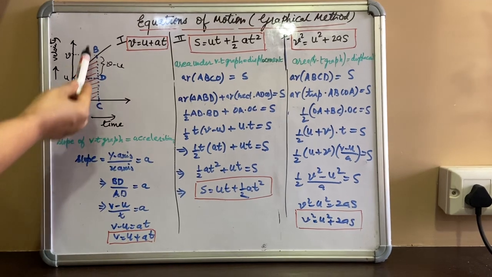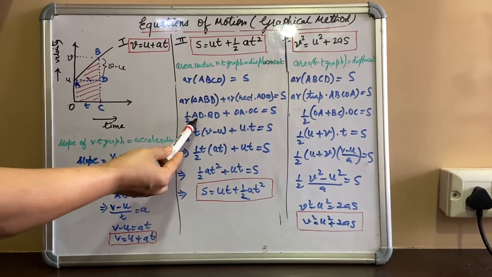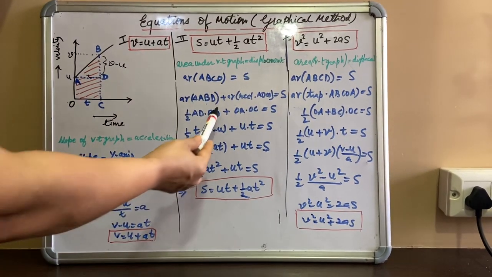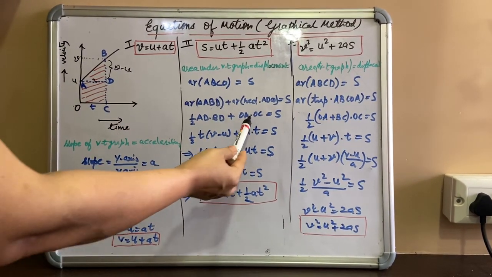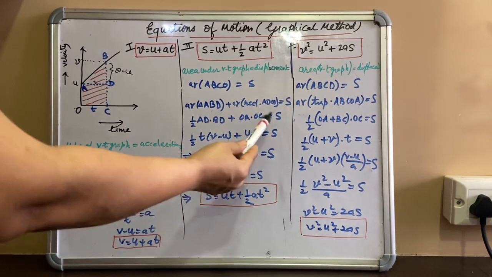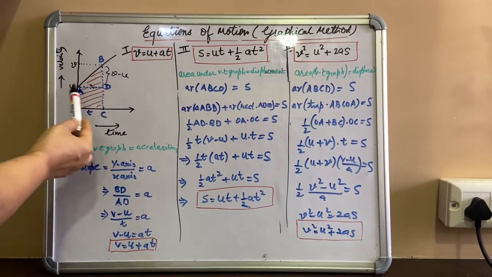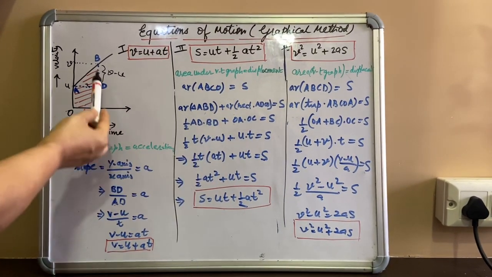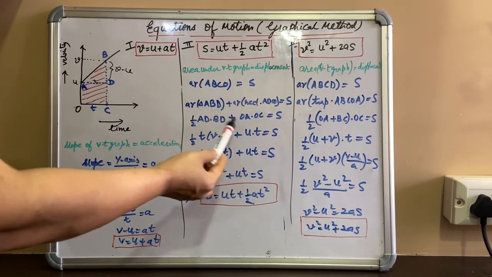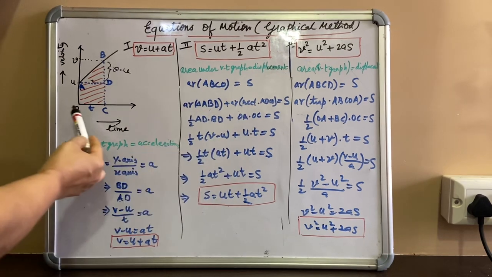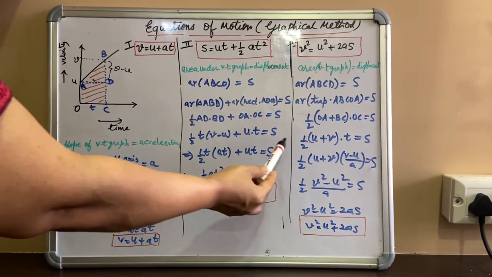Base is AD and height is BD, so half AD into BD. Plus the area of rectangle, which is length into breadth. Length is OA and breadth is OC. Putting the values, AD is t, BD is v minus u, OA is u, and OC is t.